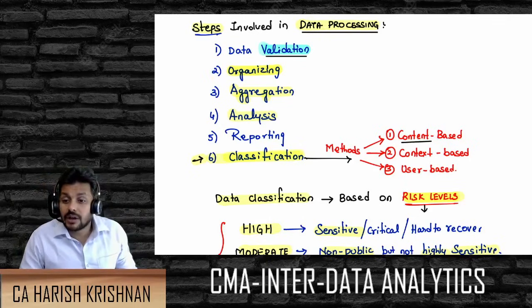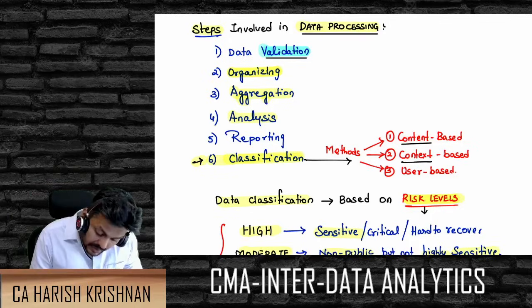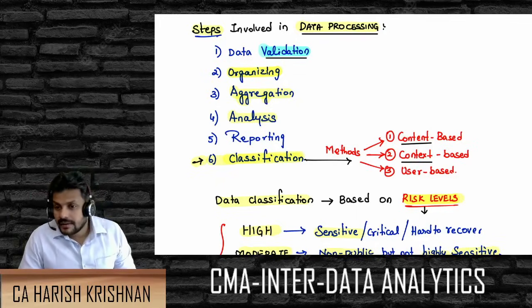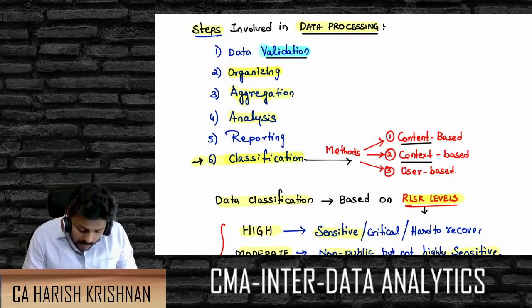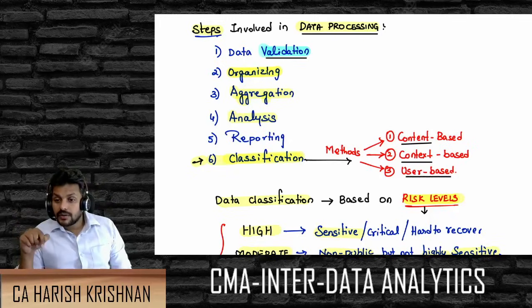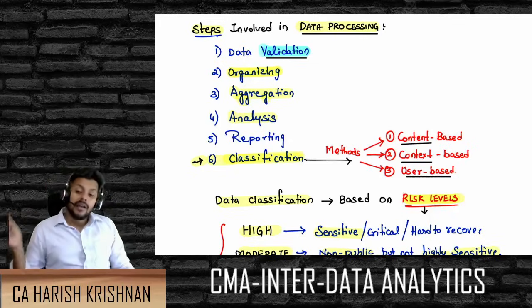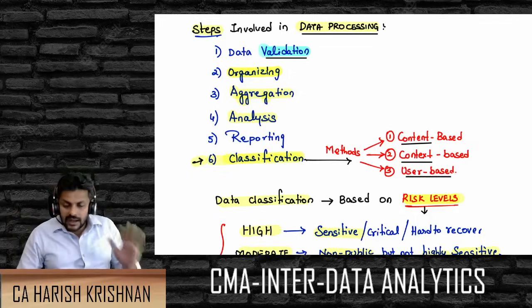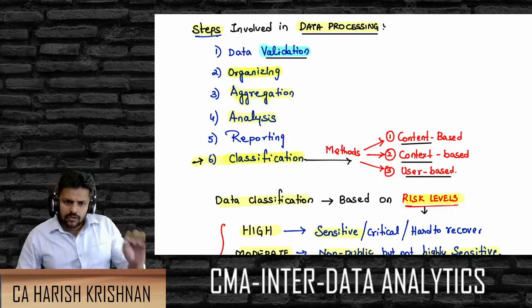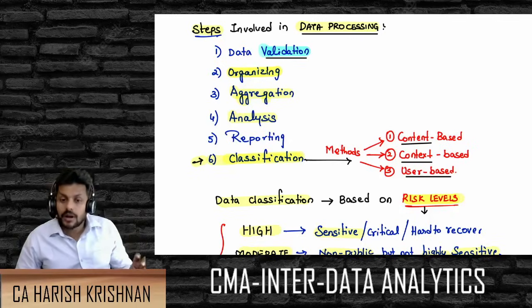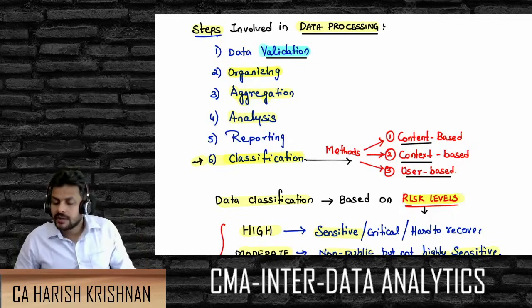Like that, we talk about context oriented data. Then very important, user based classification, depending on who is going to use the data, we will determine what sort of data that is, right? So for data classification, three methods are there: content based classification, context based classification, and user based classification.